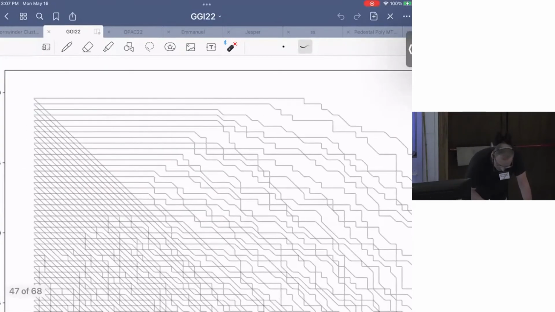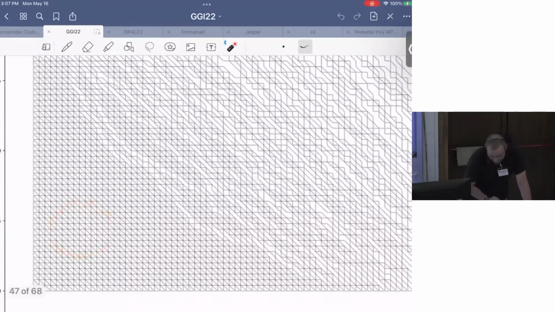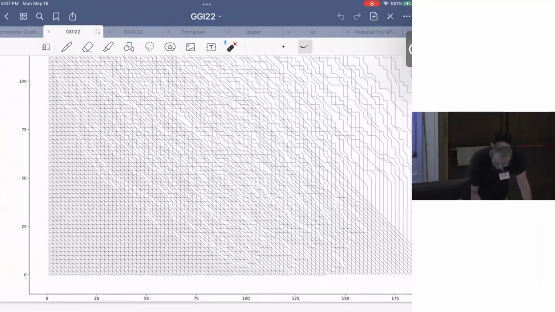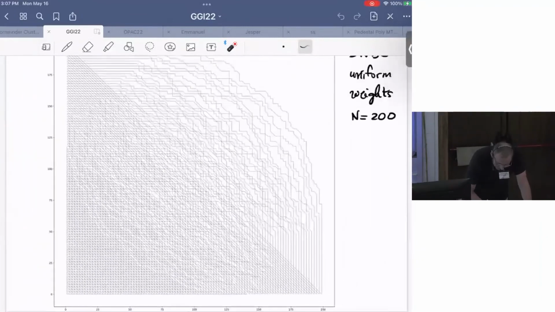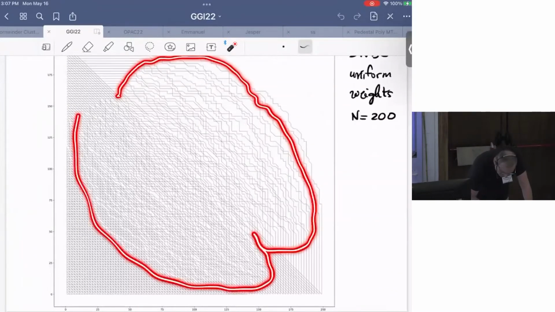All right, this is another frozen phase in which I have only parallel lines. This is another frozen phase. This is another, it's completely full, right? This is another, and this is another. So I have all these frozen phases. And then in the middle, probably you can guess with me that there's a sort of limit curve which looks a bit like this, right?